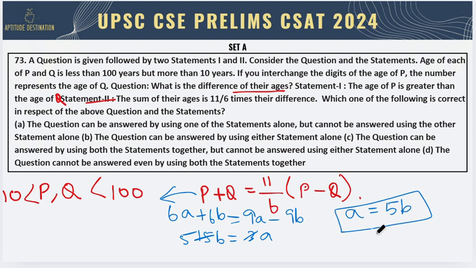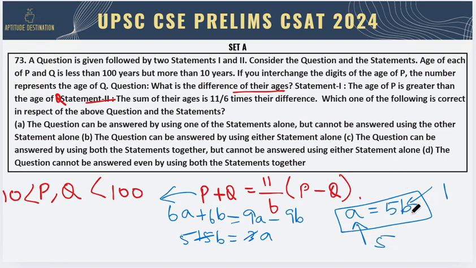Now I have to find the digits which will satisfy this equation. The only thing I can substitute here is 1 for B, because this will give me 5 for A. Any other value, let's say 2, the least value after 1, will give 10, and I cannot give A as 10 because A is a single digit.